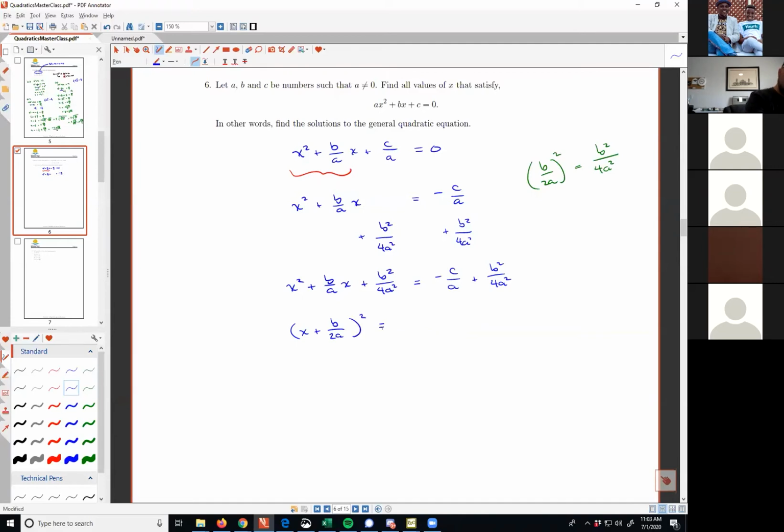And on the right-hand side, Harshita, can you turn that into one fraction? Telvin, can you give us a common denominator? I know a couple of the students don't have microphones.